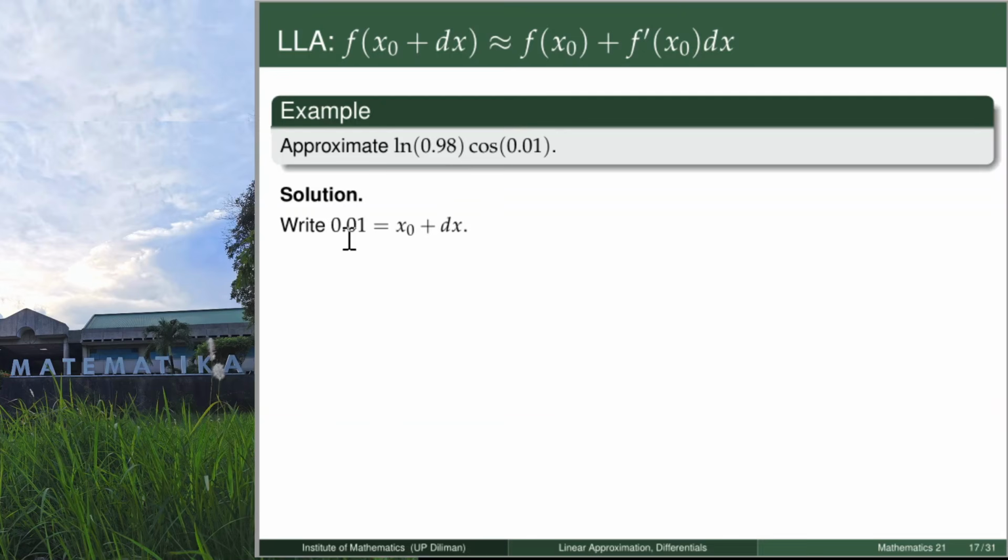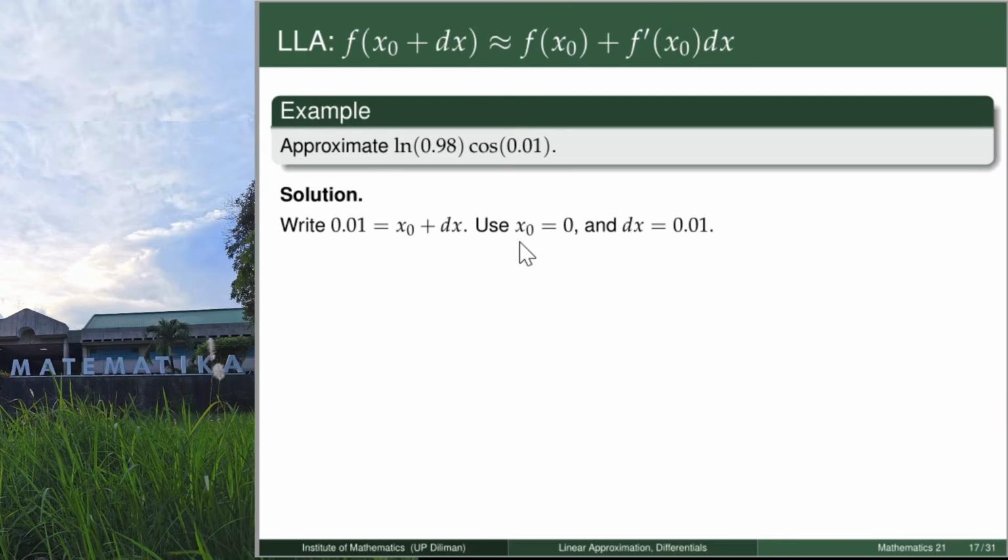If x naught plus dx is 0.01, what are x naught and dx? We can choose x naught to be 0, because it's the integer closest to that number, and therefore dx will be positive 0.01.